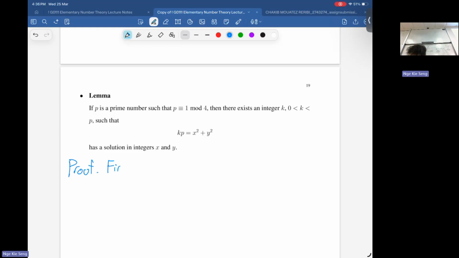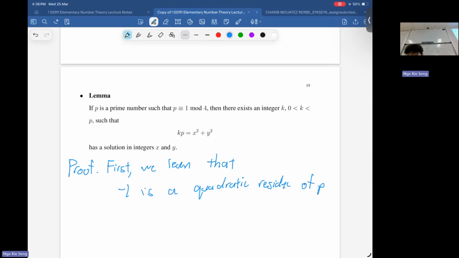So first, we learned that... Do you still remember the special thing about 1 mod 4? You did it in the last assignment, right? If your P is 1 mod 4 and a prime, -1 is a quadratic residue of P.